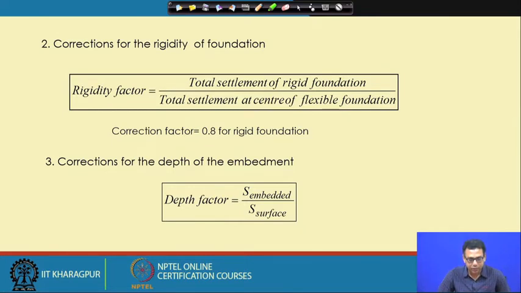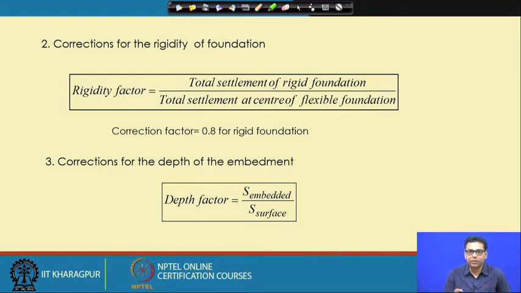Now we have two more corrections, one is the rigidity correction of the foundation, another is the correction for the depth factor. The rigidity correction factor is the total settlement of the rigid foundation divided by the total settlement at the center of the flexible foundation. Generally the correction factor is taken as 0.8.